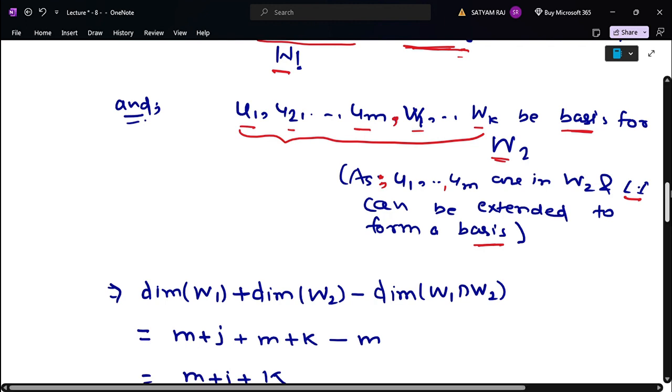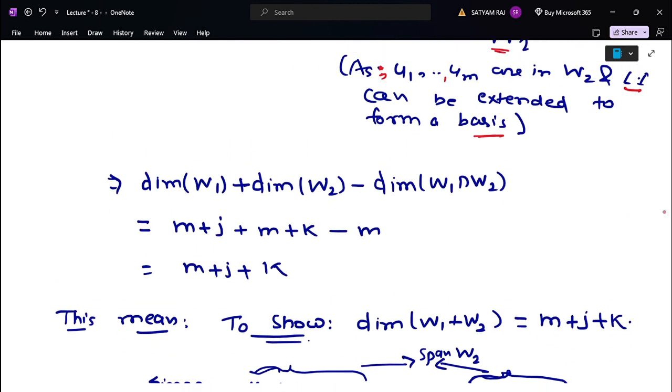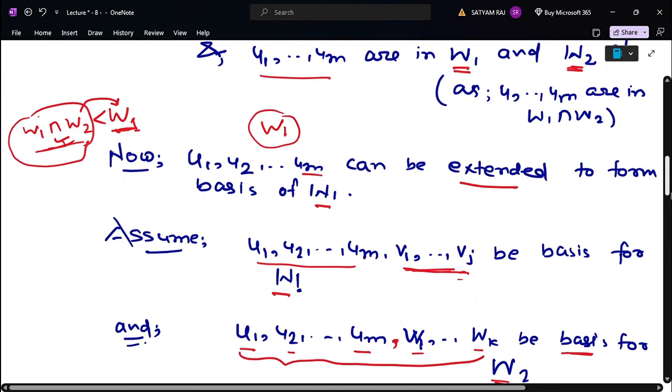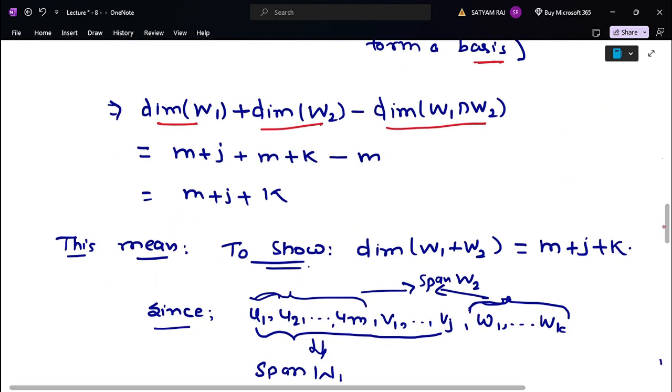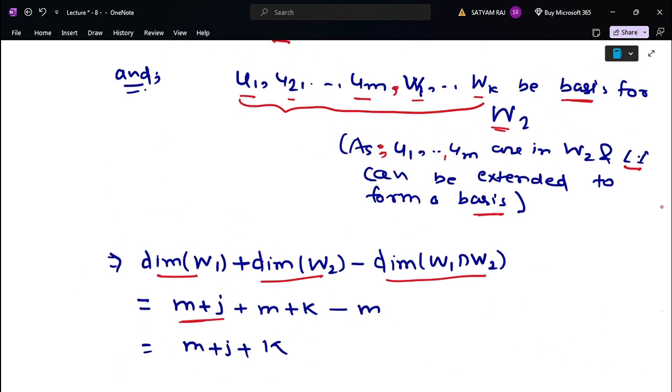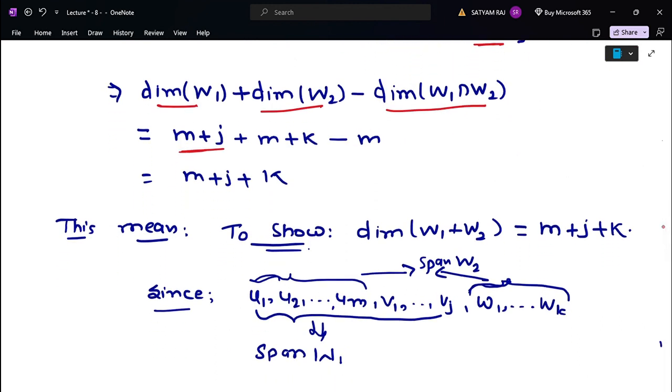Now we have dimension of W1 plus dimension of W2 minus dimension of W1 intersection W2 equal to, as the basis for W1 is u1 to um, v1 to vj, so m plus j is the dimension of W1, and m plus k is the dimension of W2.